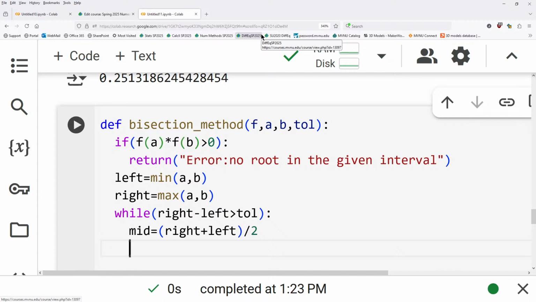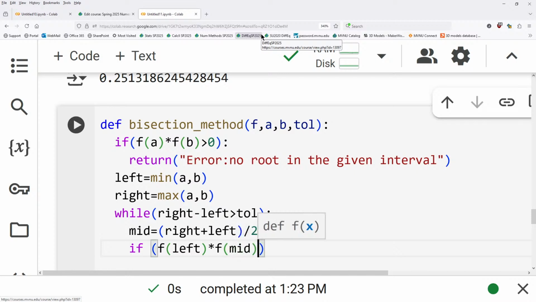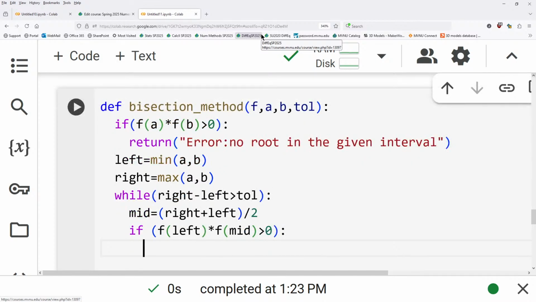And then we're going to print, well, let's save that. And then we're going to say if the function value evaluated at the left times the function value evaluated at the middle is the same sign, if that's true, then we're going to say that the left is now equal to the middle.